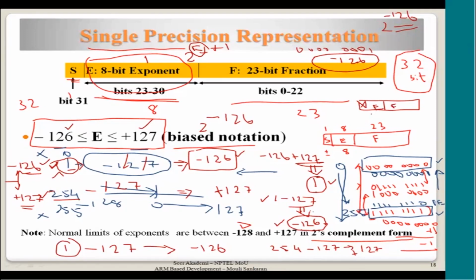If the exponent is a smaller number such as 1, it's 2 power minus 126, so it's a smaller number compared to a bigger one. Similarly, any bit pattern having a 1 in the higher portion happens to be a bigger number compared to anything only having a 1 at the lower end, because that is 1 by 2 power 23, a much smaller value.